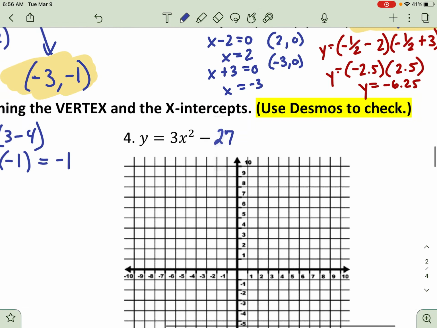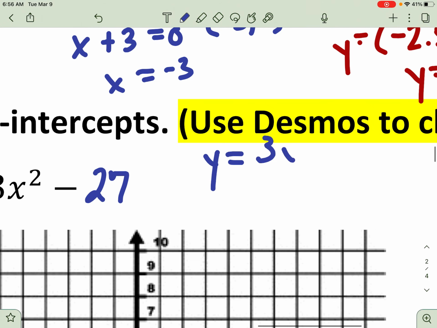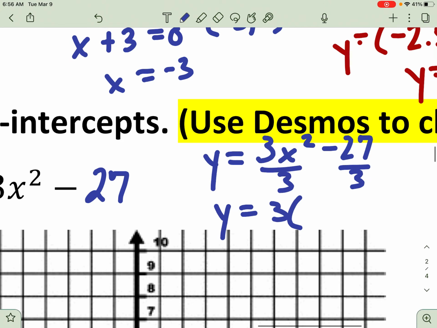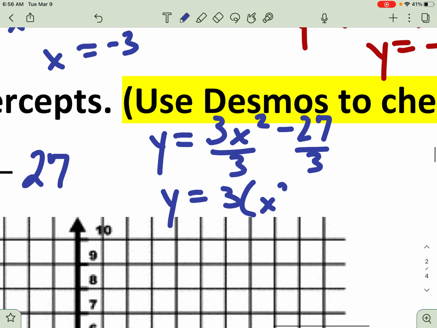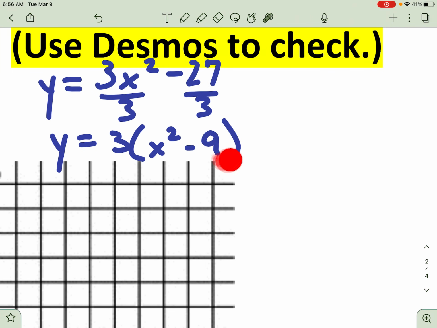Well, it's in standard form right now, but we can go back to what we know about factoring. Okay, these both have a GCF of 3, so you put a 3 out front, and now you've got x squared minus 9. Remember that 9 is a perfect square, and so is x squared. And since there's no middle number in here, that means they got to cancel out.